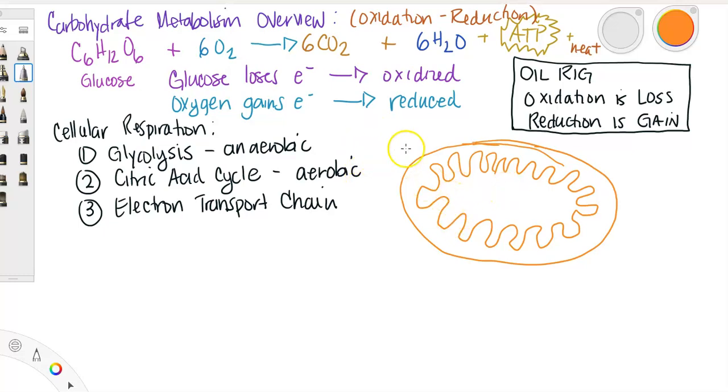So just to kind of orient yourself here, the inside of the mitochondria, the inner part of it, is called the matrix. Okay? This outer layer is called the outer membrane. This layer inside is called the inner membrane.